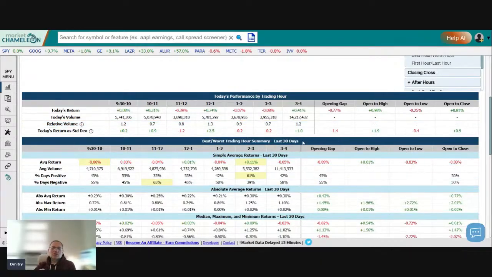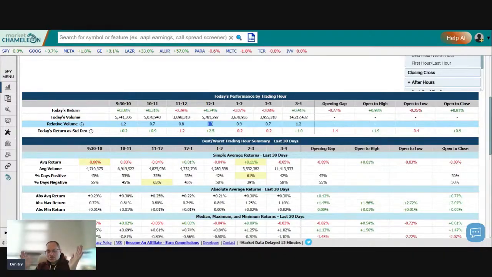I think this is based on 30 days. And this allows us to see if any particular time period, let's say from 12 to 1, had volume that was 1.3 times the average volume. So that lets us know that between 12 and 1 we've seen a volume surge relative to the average. May warrant some attention. Maybe something happened during that hour.